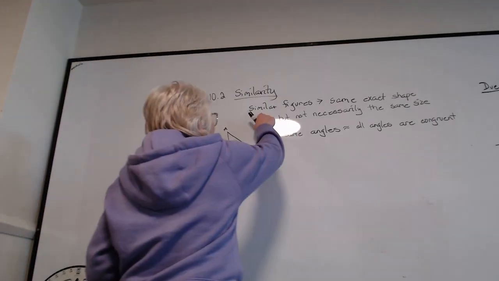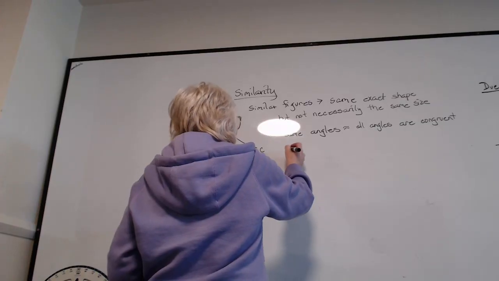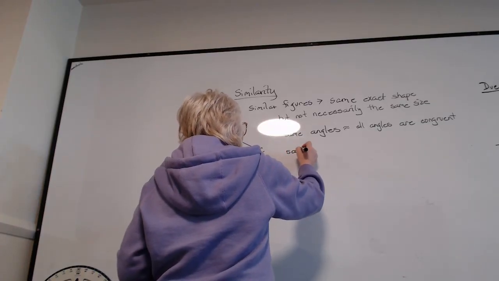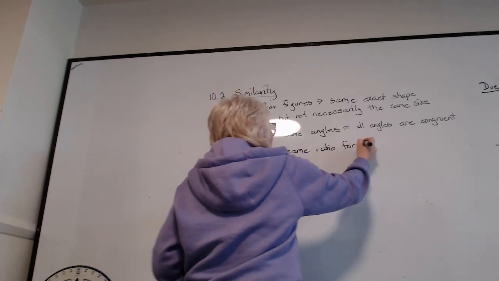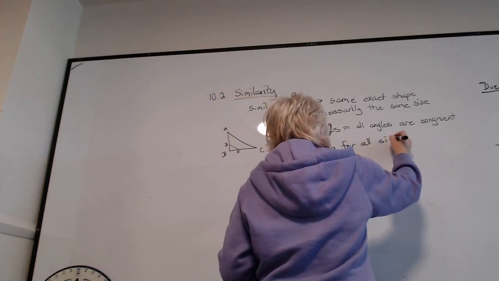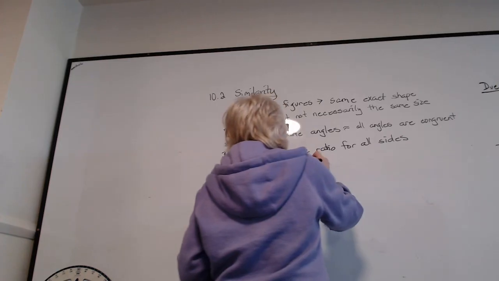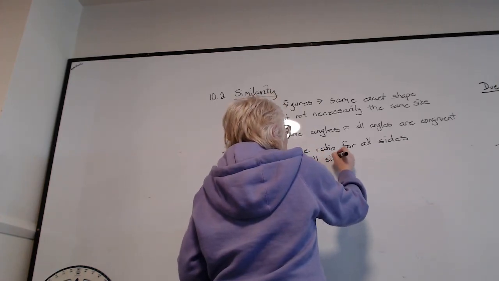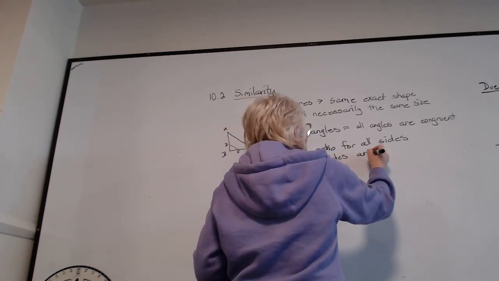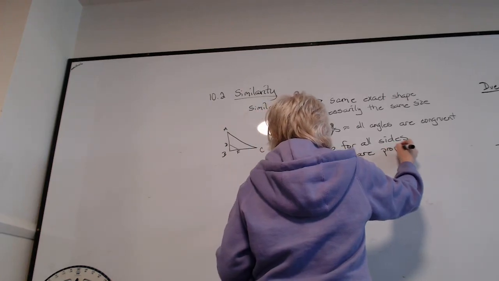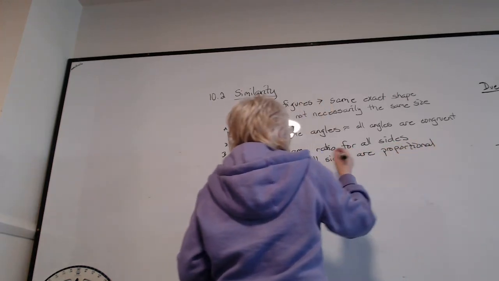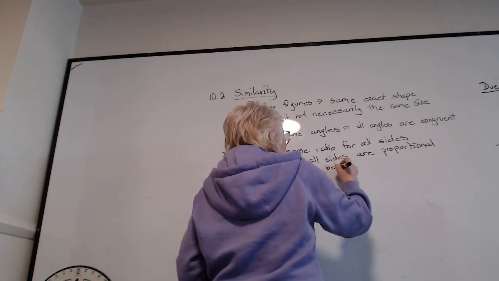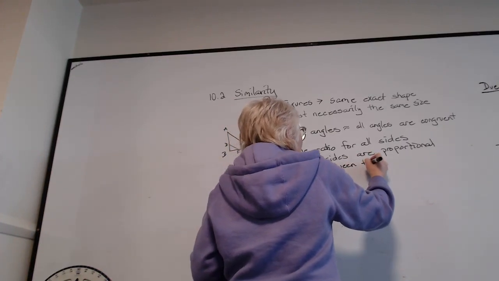So similar figures have the same ratio for all sides. In other words, all sides are proportional. That's all sides between the two figures.